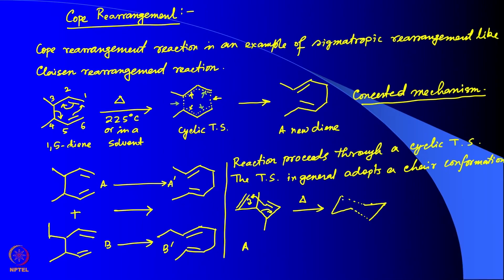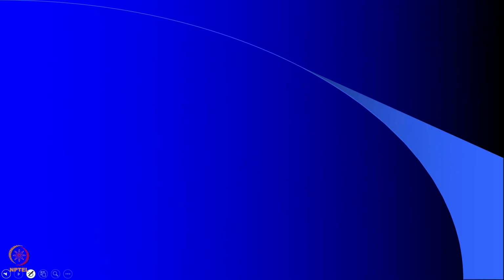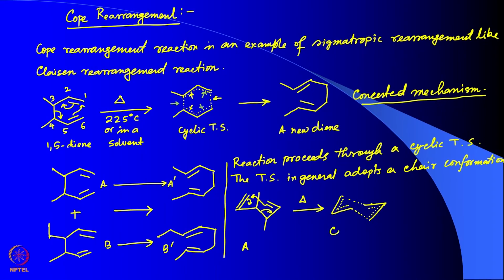The bonds which are breaking and the bonds which are in the process of making are written as dotted lines. So, this is the cyclic transition state where two methyl groups are in the axial position and it is in the chair conformation.